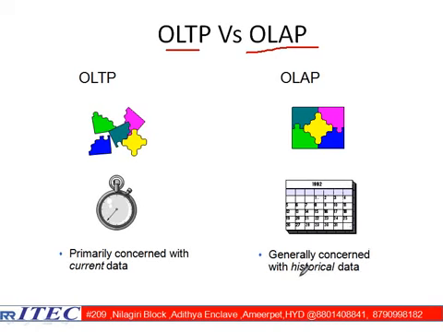So one is concerned with current data and the other with historical data. OLTP is always concerned with current data and OLAP with historical data. Symbolically, this is a watch and that is a calendar.